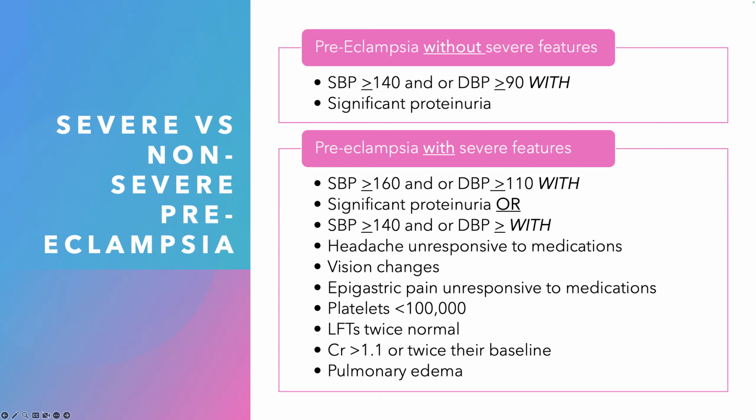And so that's the difference. Somebody who does not have severe features has a blood pressure that's not in the severe range and they just have protein. To have severe features, they either have a blood pressure in the severe range with a sign, symptom, or proteinuria, or they have a blood pressure over 140 systolic or over 90 diastolic with one of the signs and symptoms of preeclampsia.